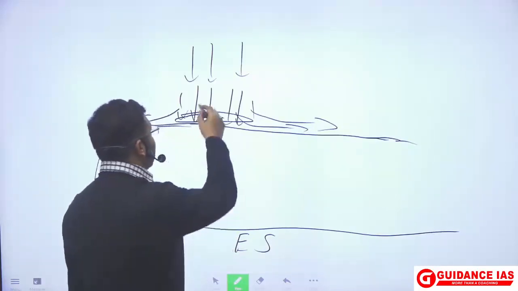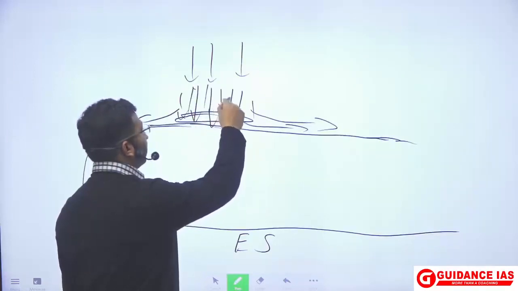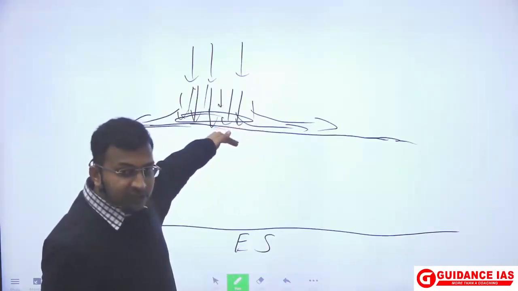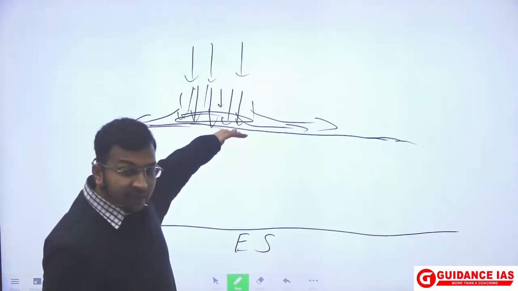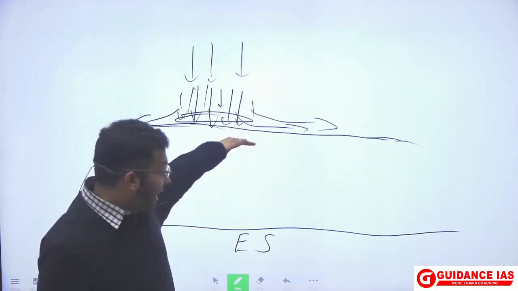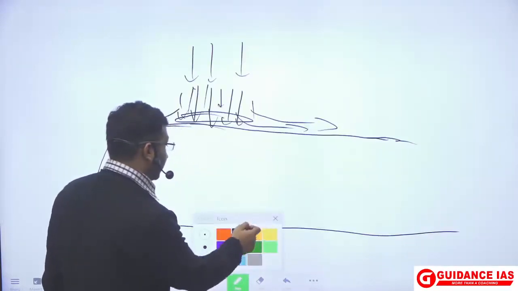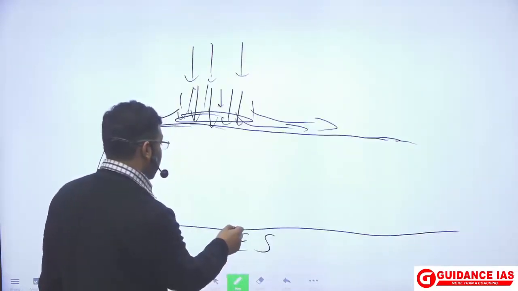As a result, there will be accumulation of this air mass in this particular region, causing adiabatic heating over here, and as a result, the temperature inversion phenomenon can be observed over here.